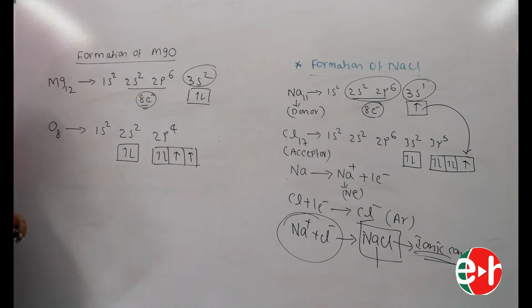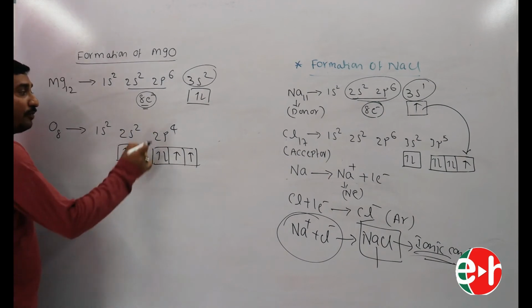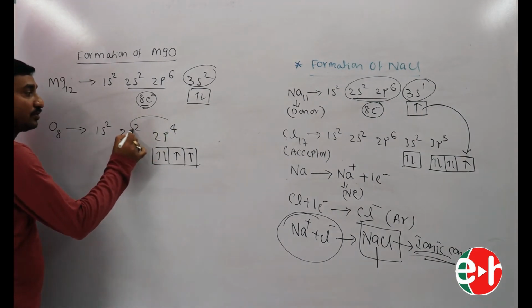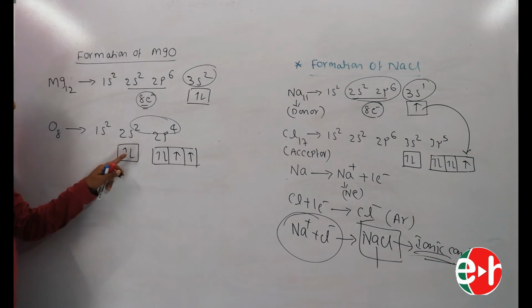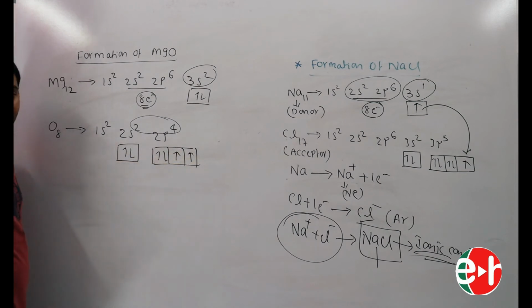See, oxygen, in the valence shell, how many electrons are present? 2 plus 4, 6 electrons present. So to get octet configuration, it needs 2 electrons. Okay, so oxygen is ready to accept 2 electrons.